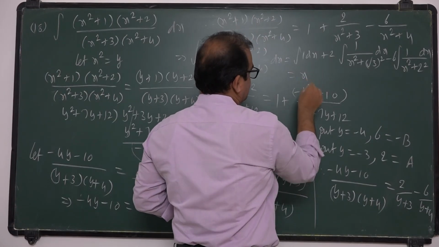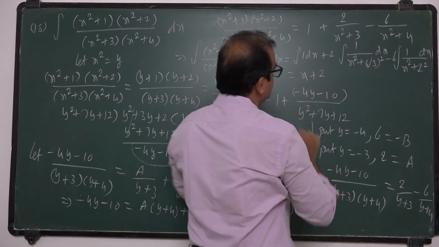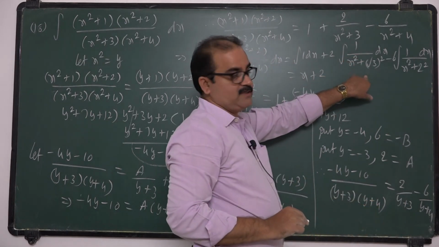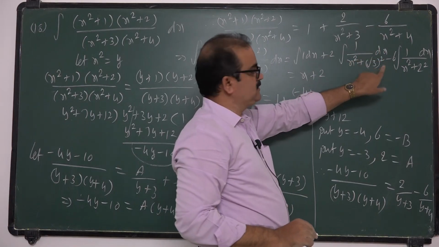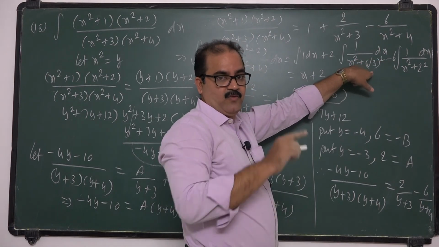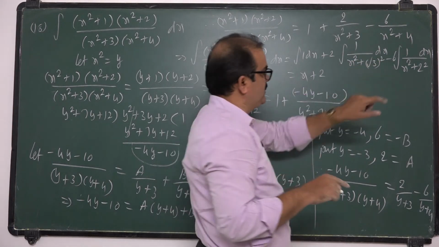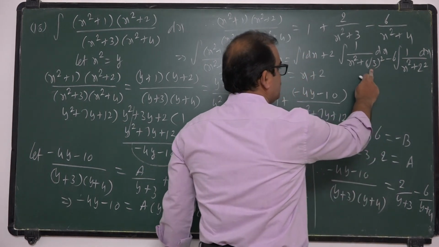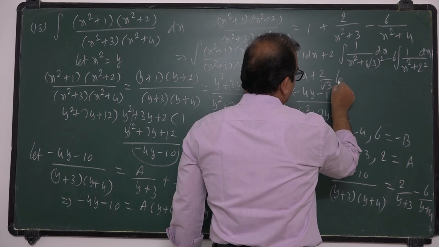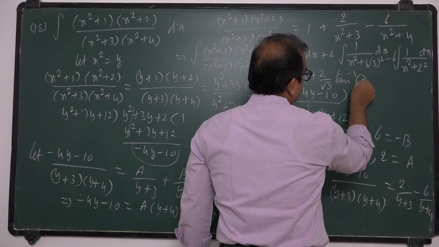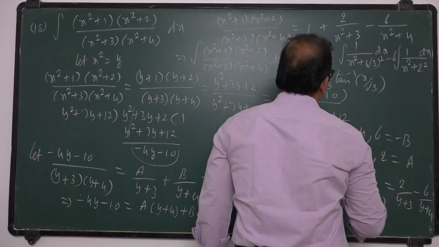Integral 1 dx is x, plus 2 into, it is in the form of integral 1 by x square plus a square into dx. What is the formula? 1 by a into tan inverse x by a. What is a? Root 3. 1 by root 3 into tan inverse x by root 3.